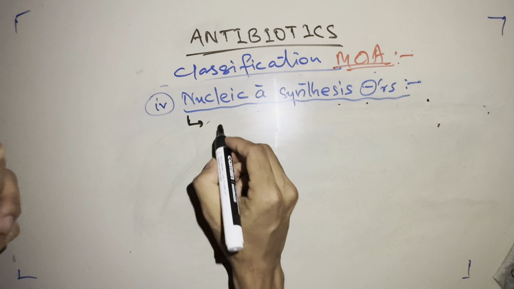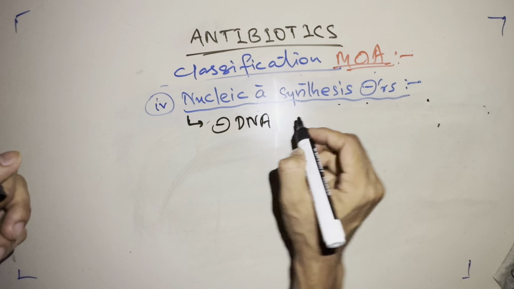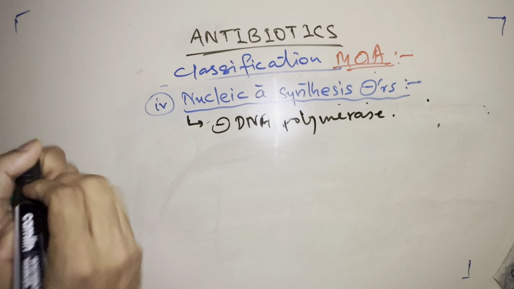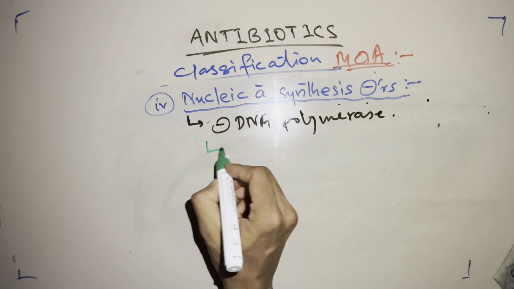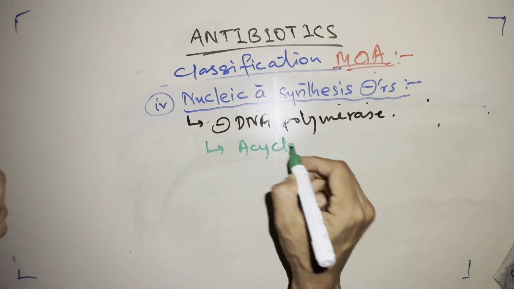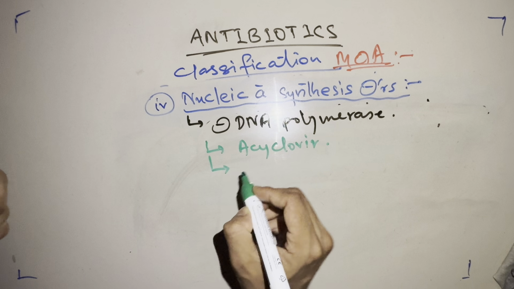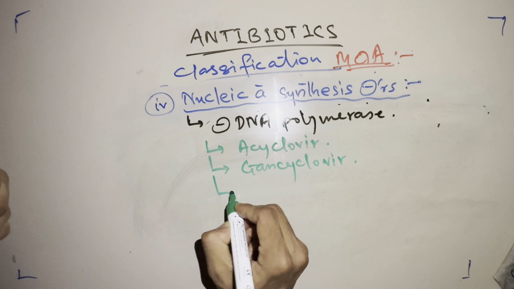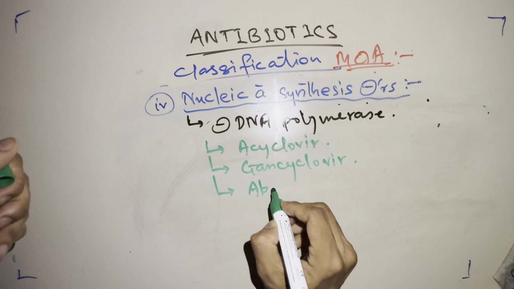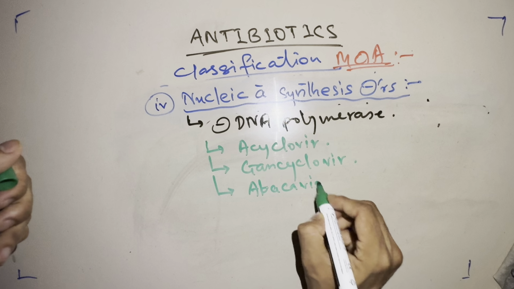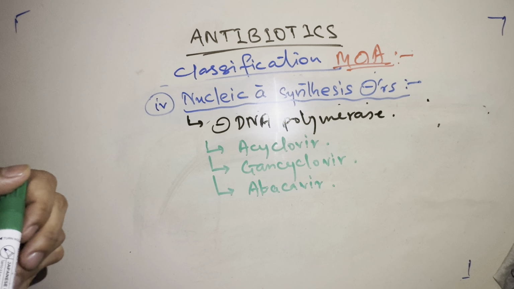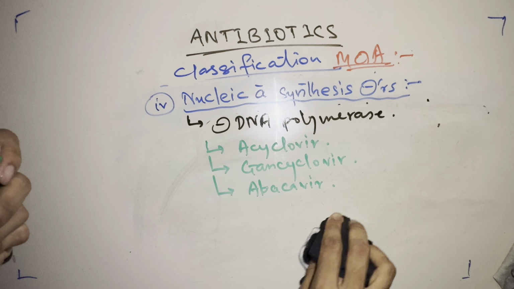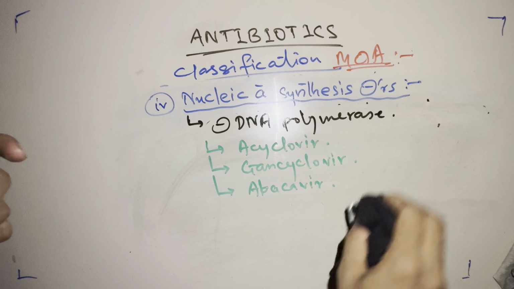So inhibit DNA polymerase, and the antibiotics used are acyclovir, next ganciclovir, next abacavir. Acyclovir, ganciclovir and abacavir. This is a DNA polymerase inhibitor.